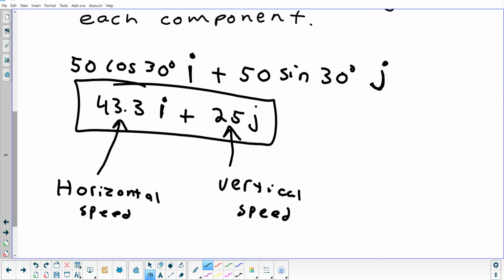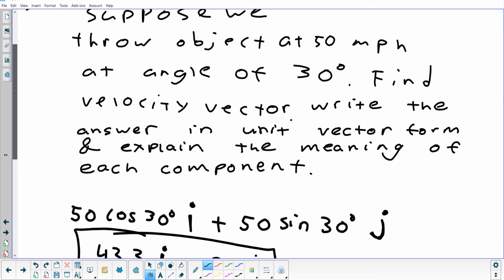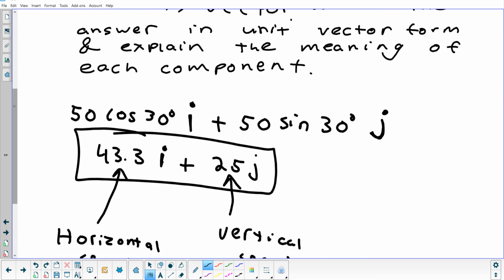So another thing you could do is if you had some way to project objects at very precise speeds, you could aim something that could launch an object at 50 miles an hour at an angle of 30. And you could set up another ball launcher that could project something at 43.3 miles per hour exactly horizontal.